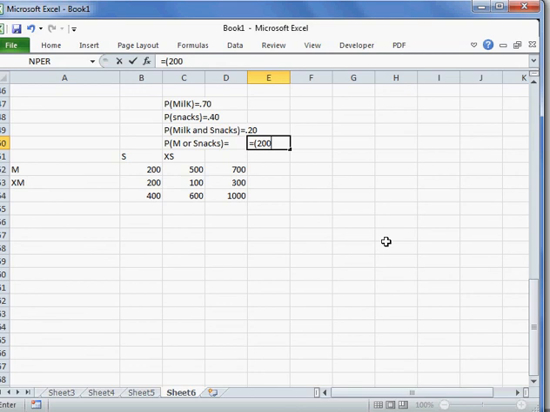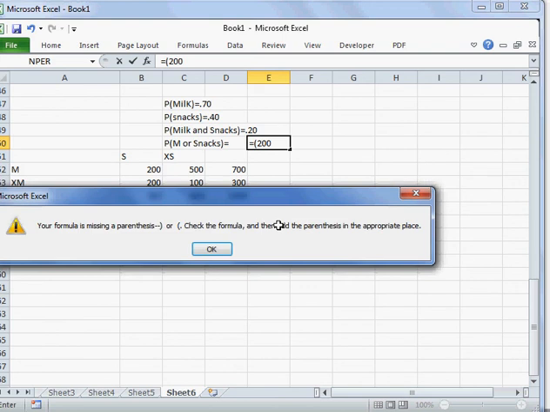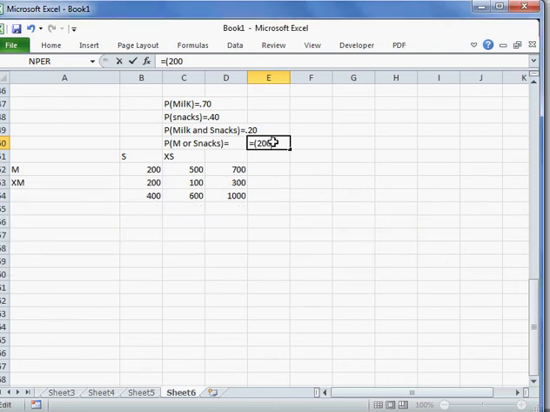So 200 is milk and snacks. 500 is milk, no snacks. 200 is snacks and no milk, and then the 100 at the end are no snacks and no milk, and so they wouldn't get included. We divide by the 1,000, and we get a 90% probability.